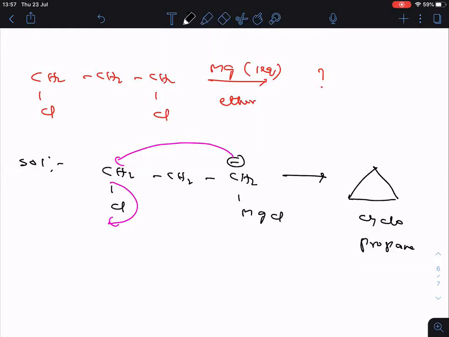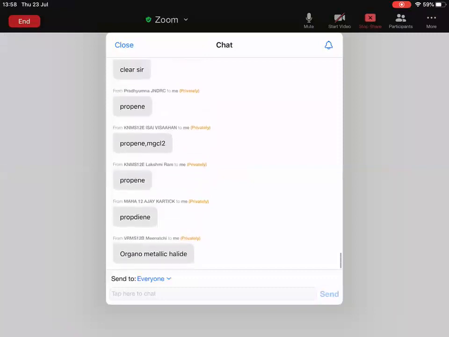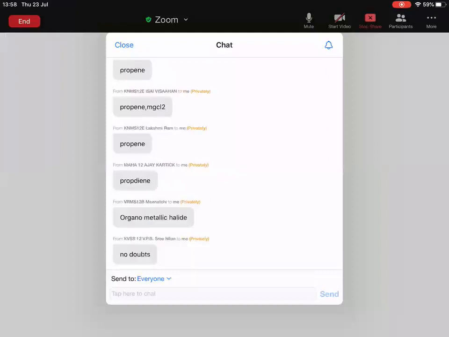Anyone have any doubt in this one? Tell me. Answer is cyclopropane. Many students had given the answer propene. I don't know how propene we got. Clear, everyone? Answer is cyclopropane.